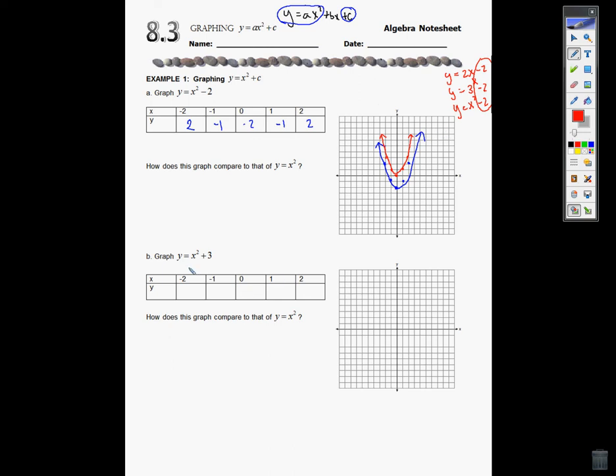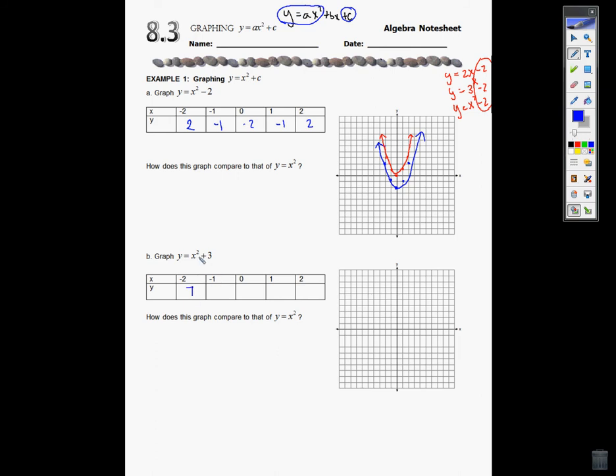Let's take a look at part B here and see what's happening when I have addition going on. Going back to blue, let's fill out our table. If I put a negative 2 in there, negative 2 squared gets me 4, 4 plus 3.